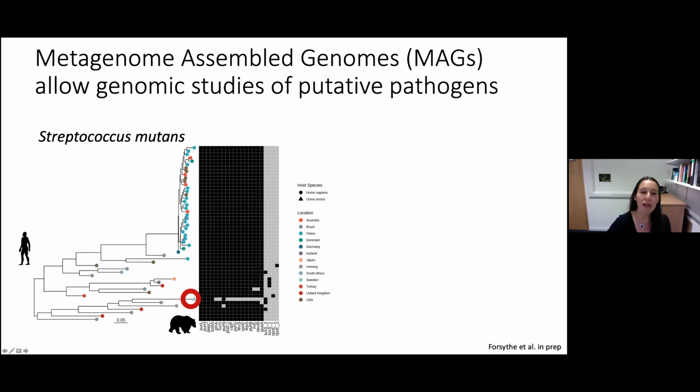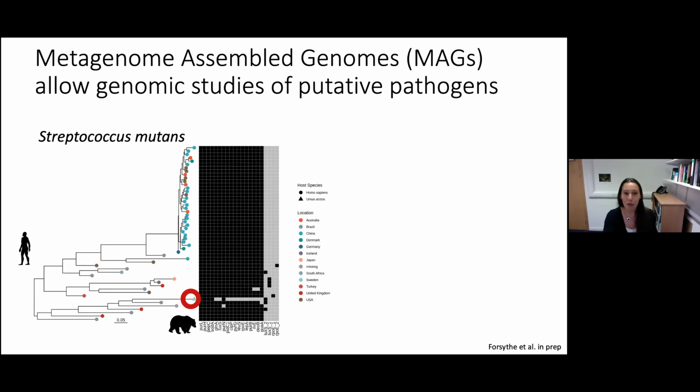And we can also look at virulence and competence factors in this genome. And for instance, show that the bear pathogen here lacks a lot of the virulence factors that are frequently found in human Streptococcus. So we can start to understand the evolutionary history basically of pathogens with relevance to humans.